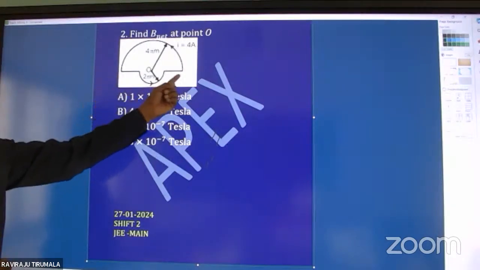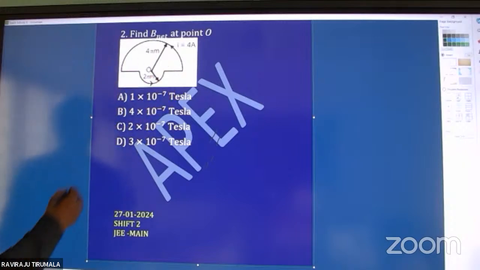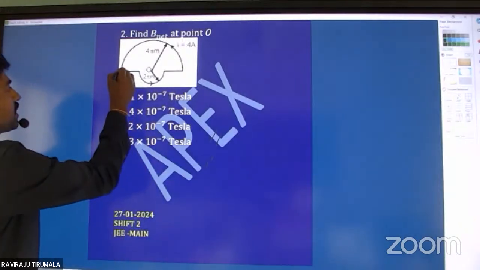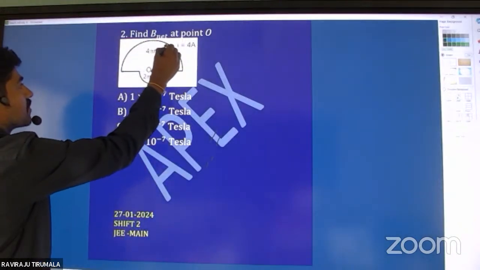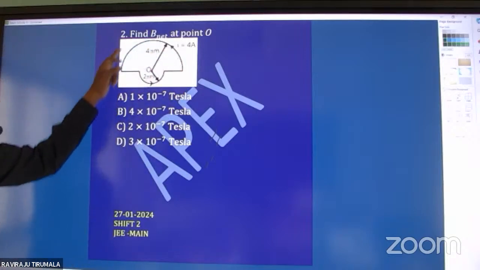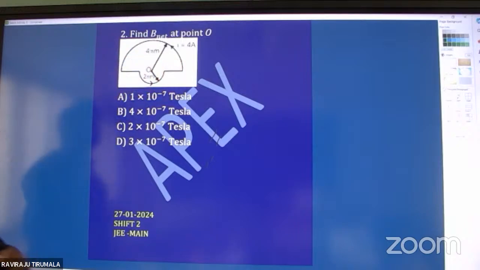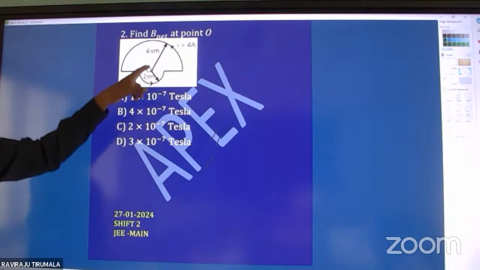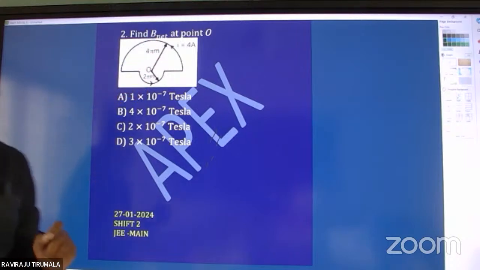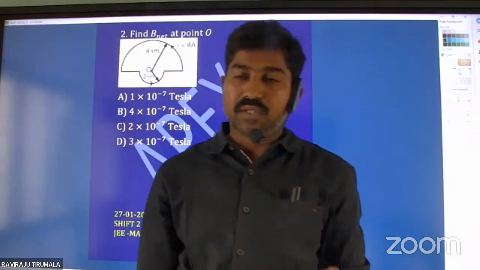Both the straight lines are also there, so 4 parts totally. So first let me consider this particular part. If it is a semicircular wire, it gives some magnetic field at the center. In which direction? How can you find the direction when current is passing through a circular wire? By using which rule?